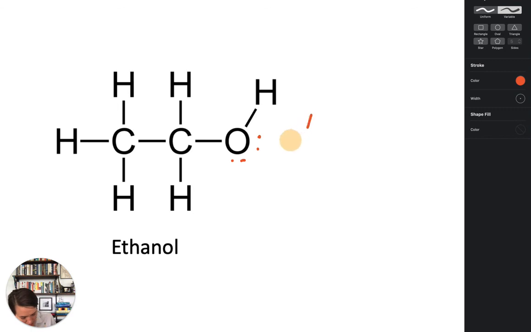So let's look at oxygen because it's the most interesting one. If we start with the electron geometry, it would be tetrahedral, which I'm just going to abbreviate as tet, because my tablet is not working well. So that is the electron geometry.